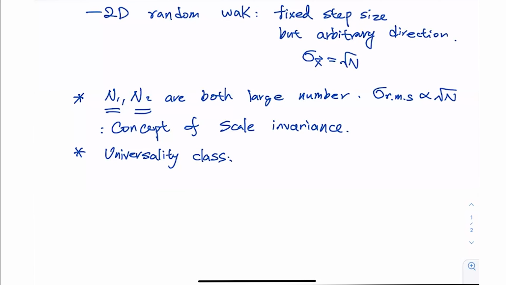In that sense, those details are irrelevant details. But we also gave an example where some of the details are important, and that example is polymer physics, where if you try to understand the direction of your monomers as some kind of random steps, then in polymer physics there is a constraint that the polymers cannot overlap with each other because a polymer occupies some volume.